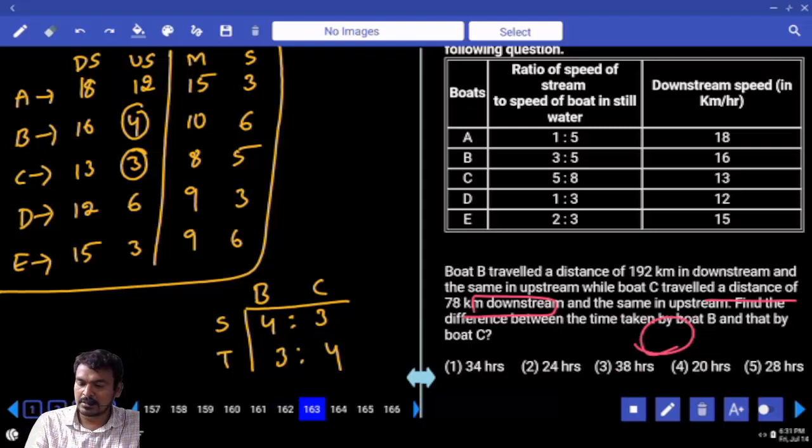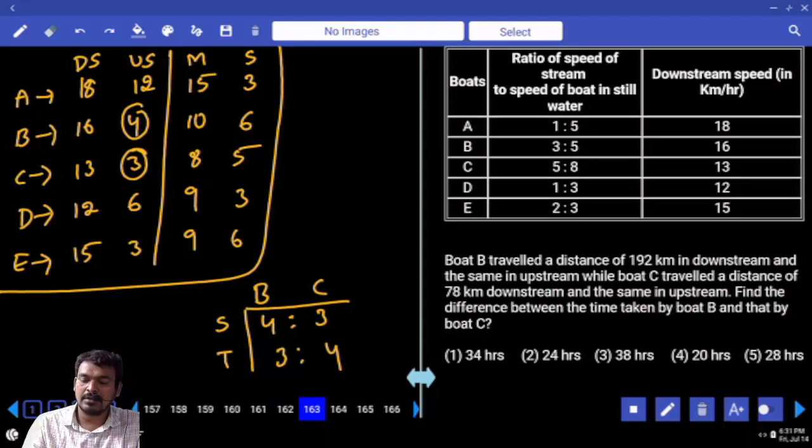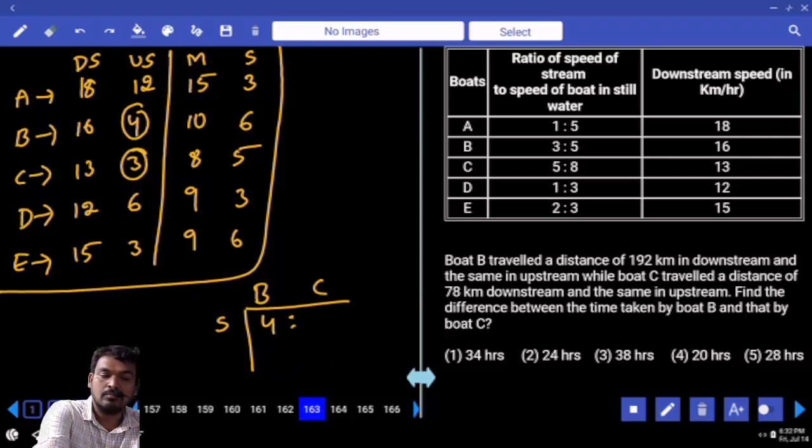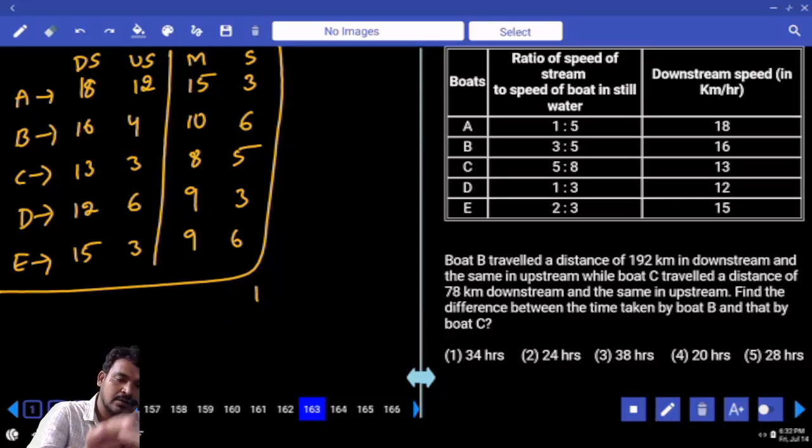Next, 163. Boat B traveled a distance of 192 kilometers in downstream and the same in upstream, while boat C traveled a distance of 78 kilometers downstream and the same in upstream. Find the difference between the time taken by boat B and boat C. In one case boat B time is required, in another case boat C time.